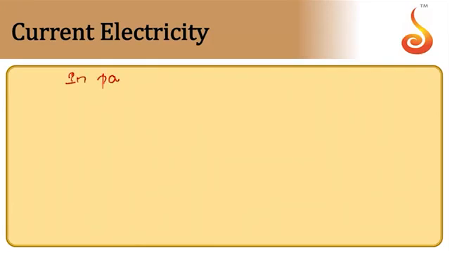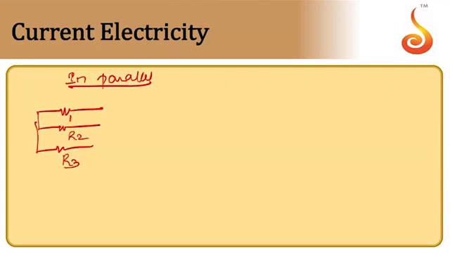In parallel, what if the resistors are connected in parallel? We have a couple of resistors R1, R2, R3 etc. and they are all connected in parallel across a source. You know that the combination is said to be parallel if the voltages are the same across them, which implies that the currents are different.